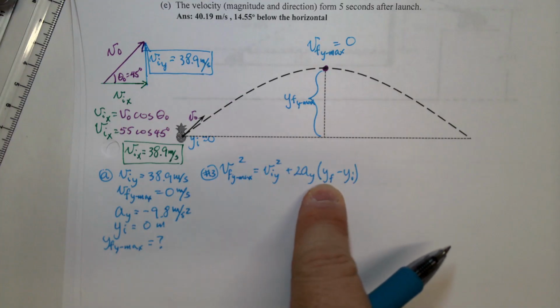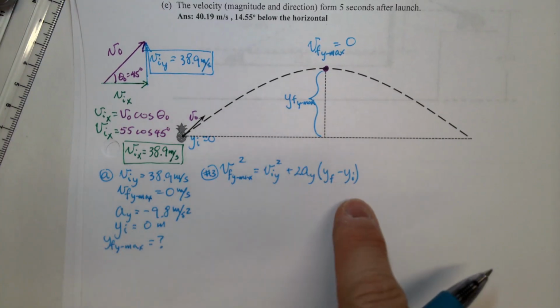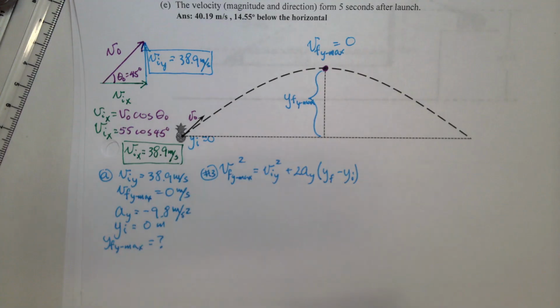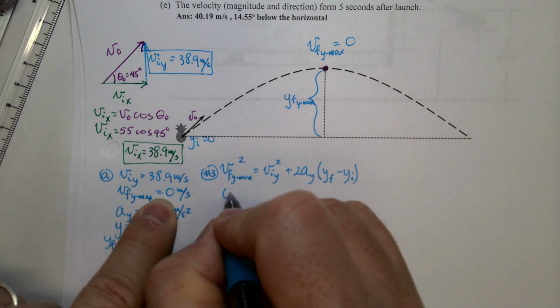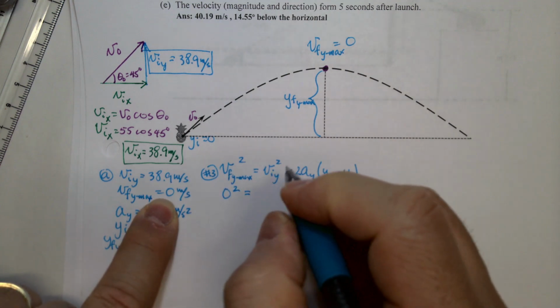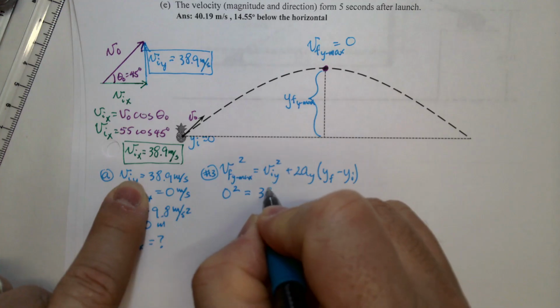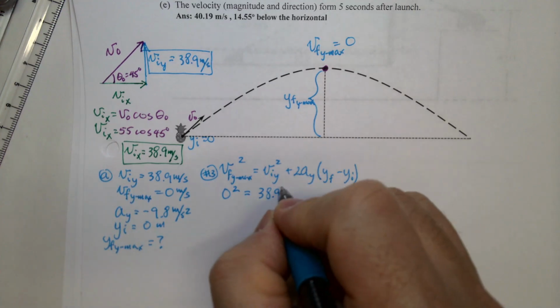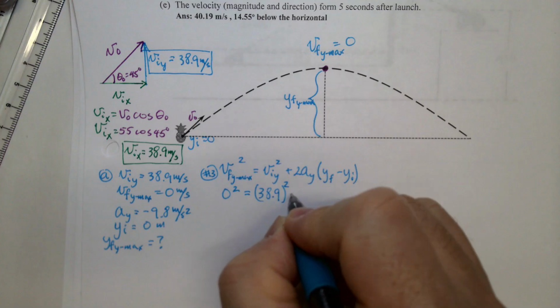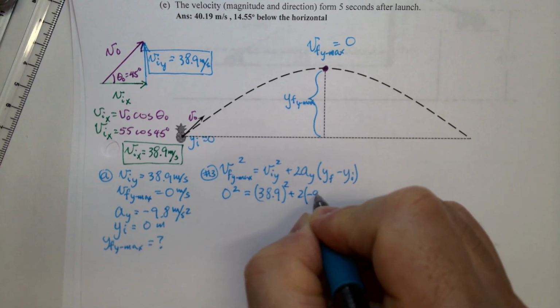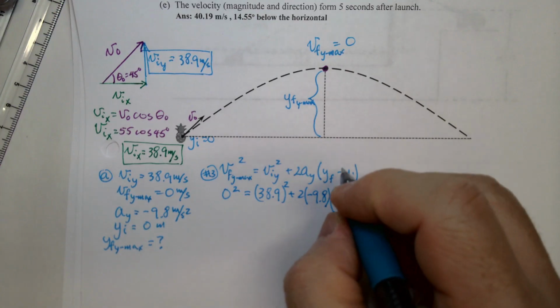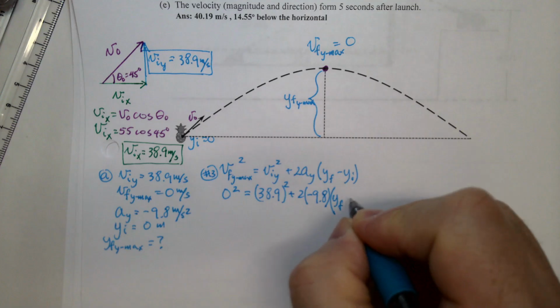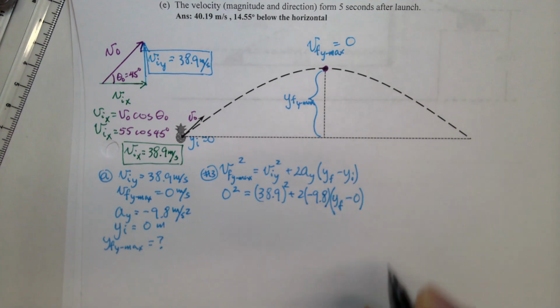This y final is the y final max. This y initial is 0. So here, VFY max we know is 0. Square that, still get 0. VIY is 38.9. Square that, get a big number. Plus 2 times negative 9.8 times y final, which is what we're looking for, minus 0.